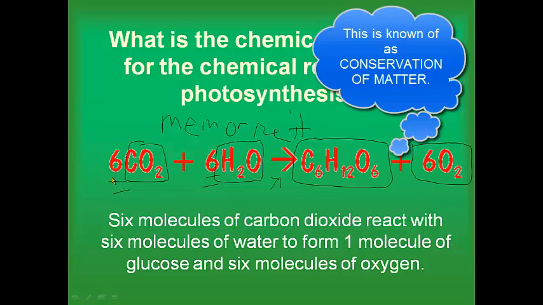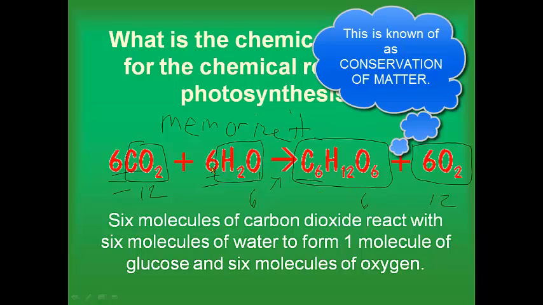So if you'll notice here, I have 6 carbon atoms. 6 times C is 6 carbon, and here there's 6 carbon atoms. Here, if you take 6 times 2, that's 12 oxygen atoms, and here we have 6 more, 6 times 1, this is like a 1 down here, they don't write it, but that's what it is. 6 times 1, that's 6 oxygen atoms, and if you add them up, here I have 6 and here I have 12, so I end up getting 18 over here, and 18 over here.